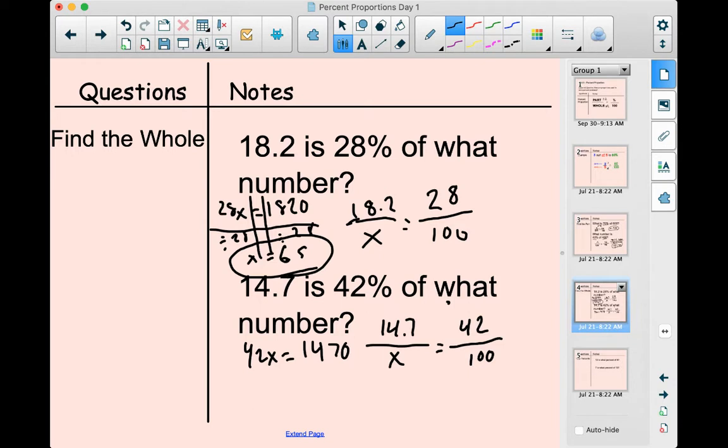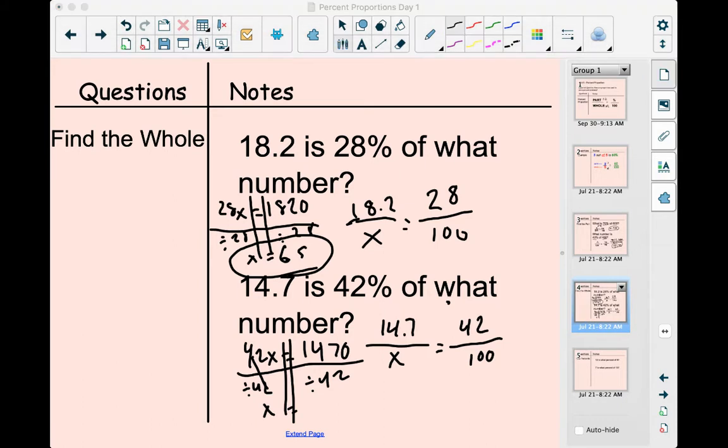If I divide both sides of that by 42 to get x by itself, x equals 1470 divided by 42, which is 35. And there's my answer. X is 35.